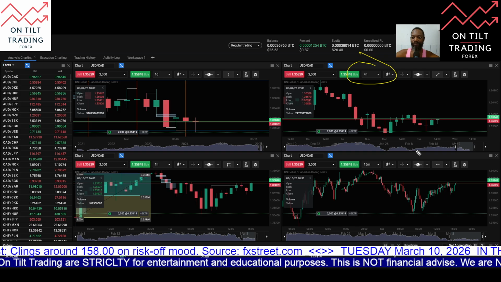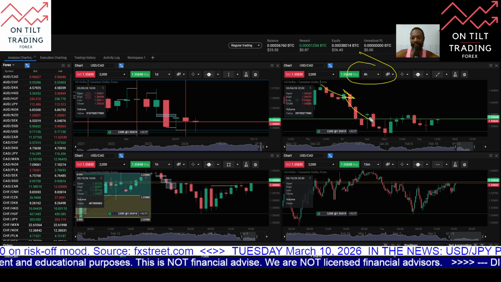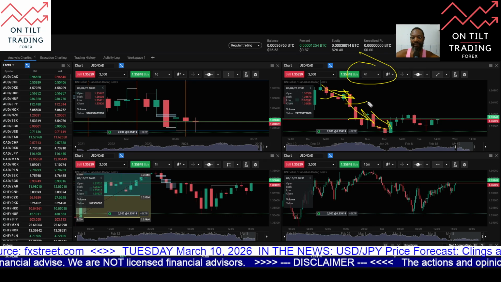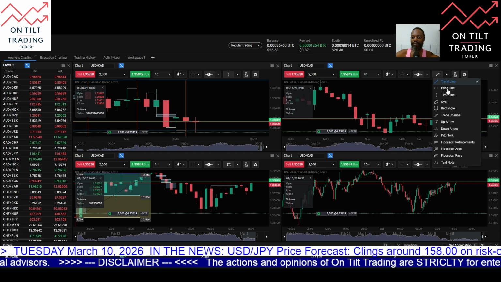Then here on the 4-hour chart, you can see price delivering to the sell side here in legs and putting in bullish fair value gaps up here. I'll throw a few in.